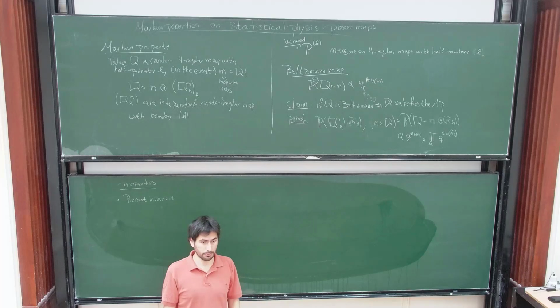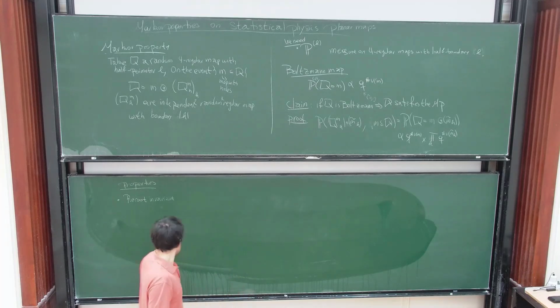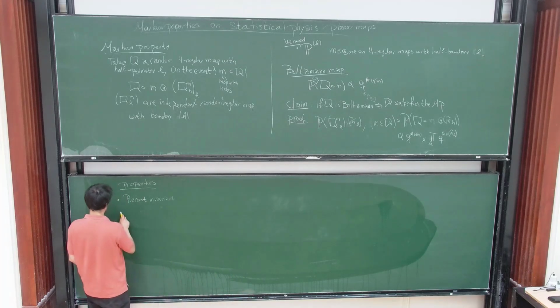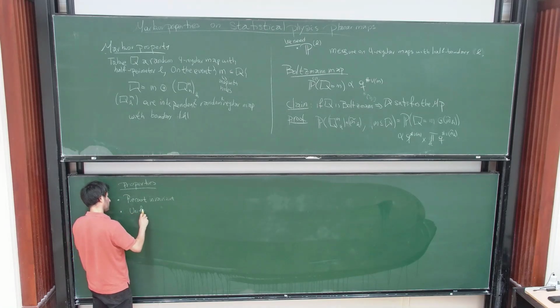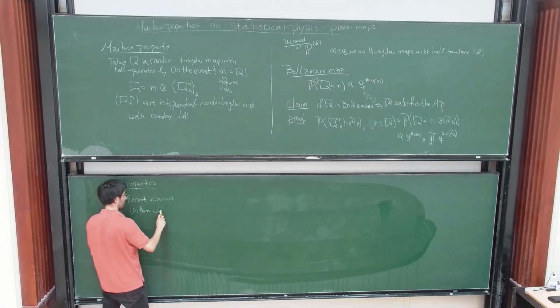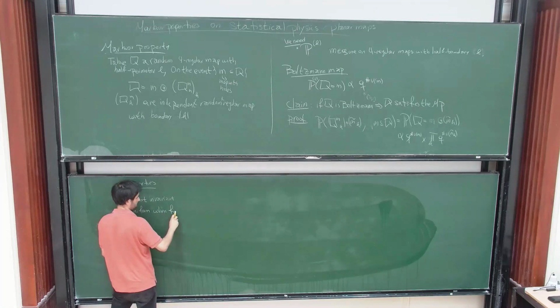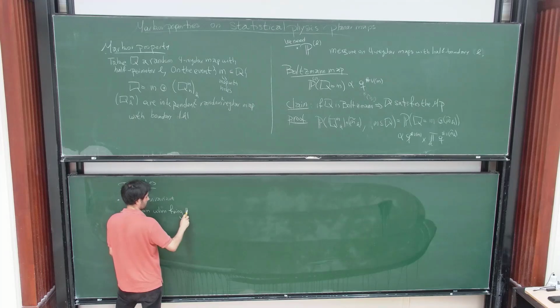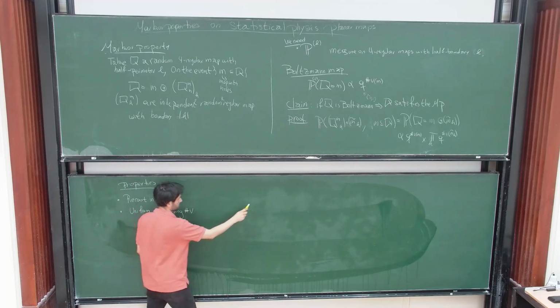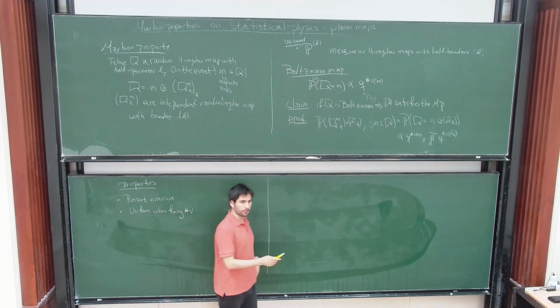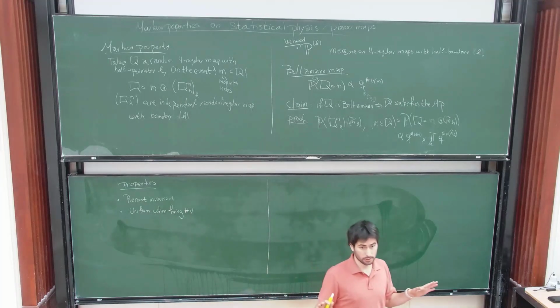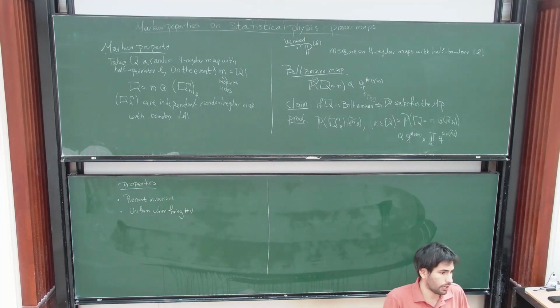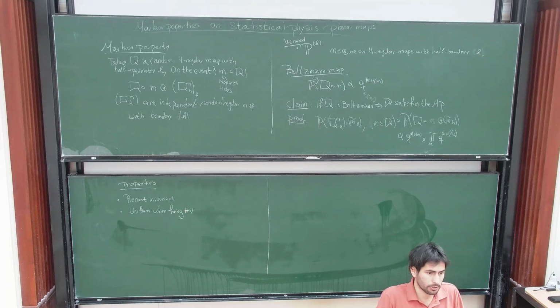The second one is that they are uniform when fixing the number of vertices. If I fix the number of vertices, the law has nothing else to see, because it only depends on the vertices, so it is uniform.